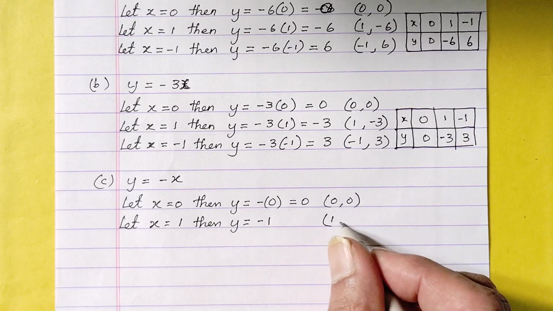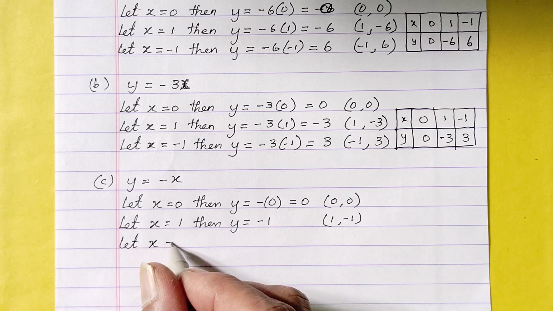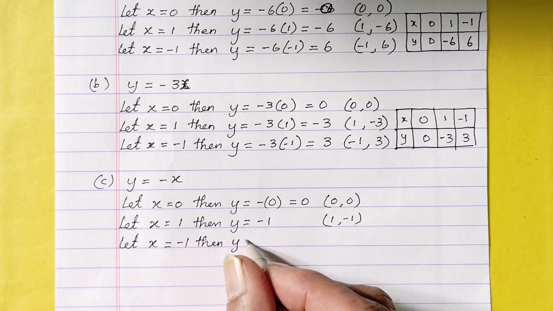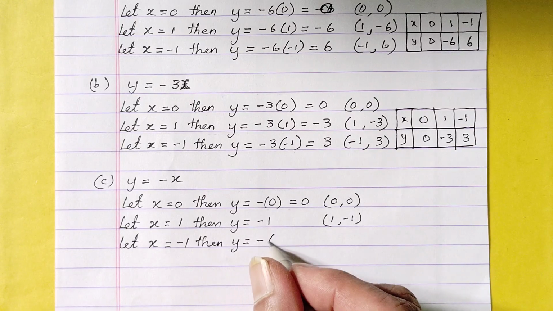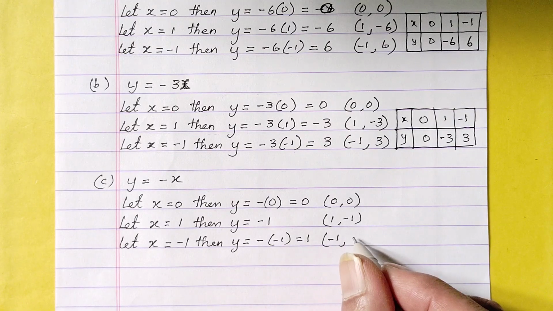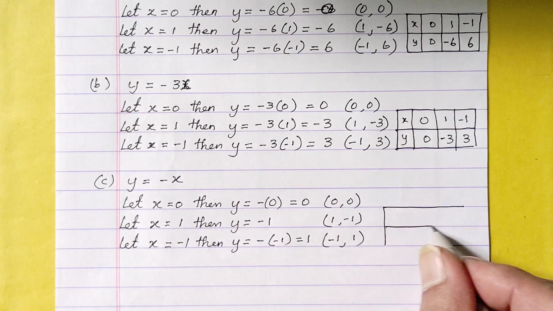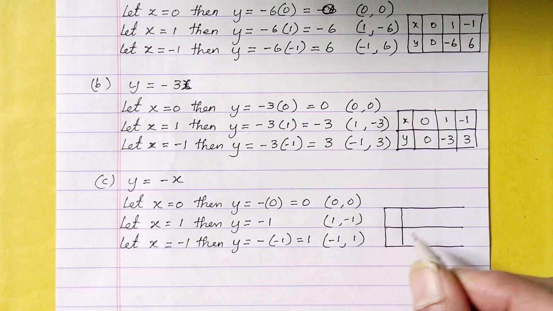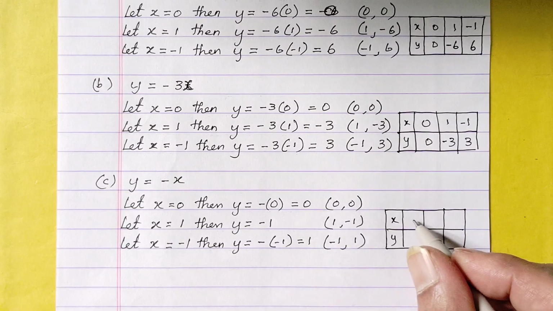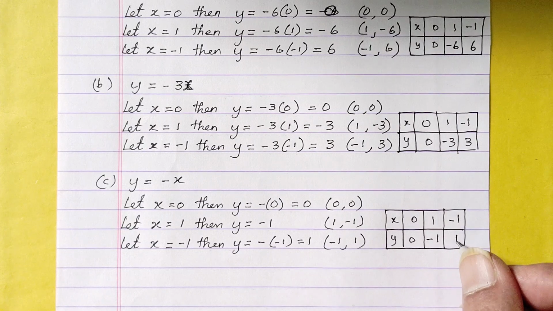So that is 1, minus 1. Let x be equal to minus 1, then y is equal to minus of minus 1, that's equal to plus 1. So minus 1, plus 1. So when we put them in the box, x, y: 0, 0; 1, minus 1; minus 1, 1.